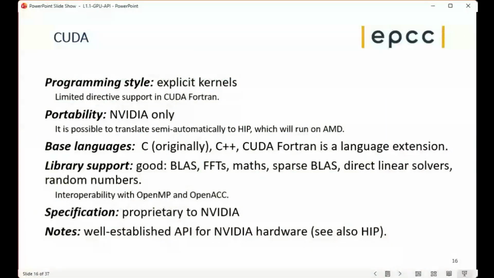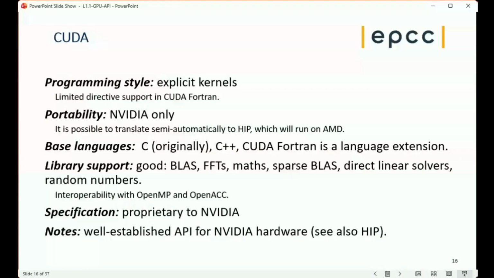We'd like to be able to use them for computational science. Here's an interface called CUDA. CUDA is a kernels interface. There's limited support in CUDA Fortran, but really it is very much C++. It is NVIDIA only. However, it's possible to translate to HIP, which is AMD's kernels, and at least for the simpler functions, they're very, very simple.